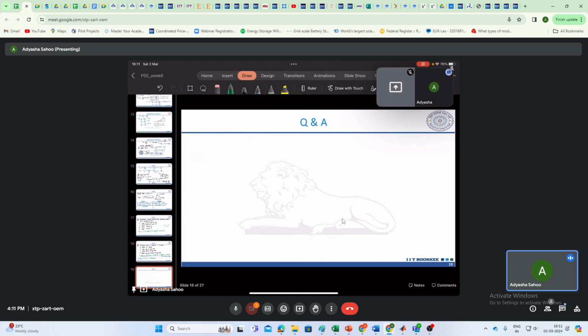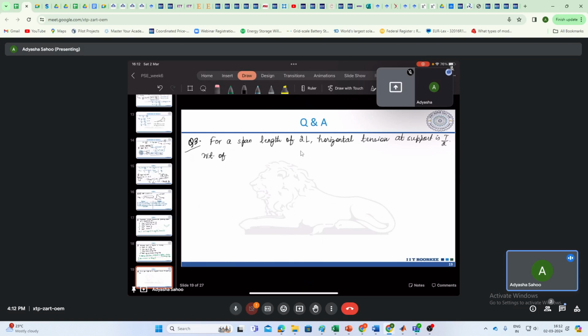Now next question. For a span length of 2L, horizontal tension at support is T by 2.